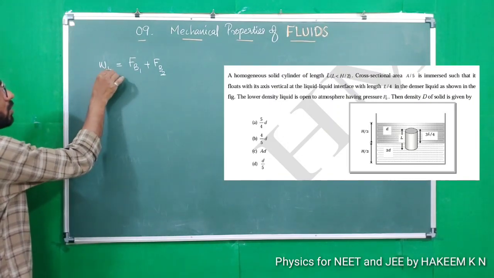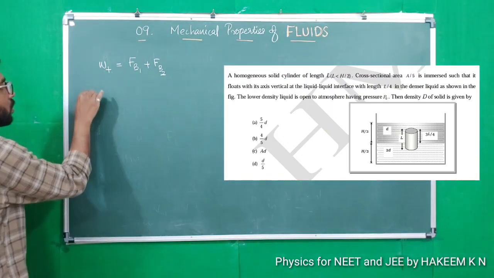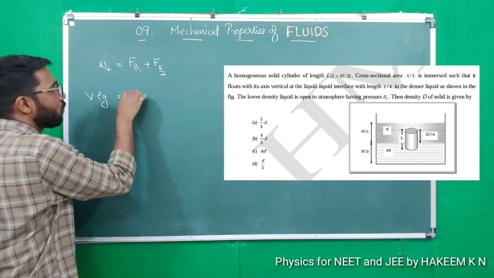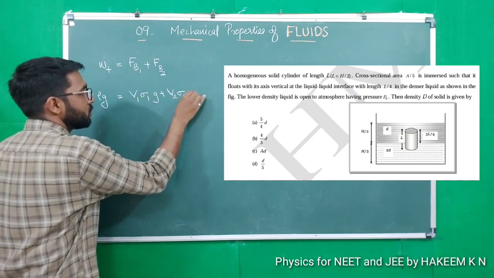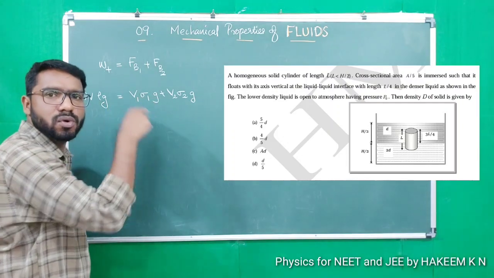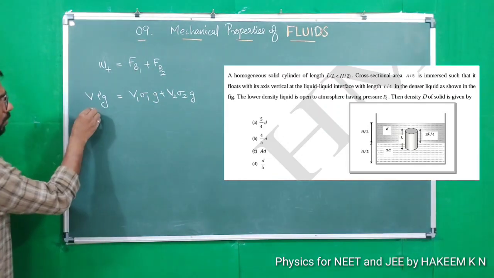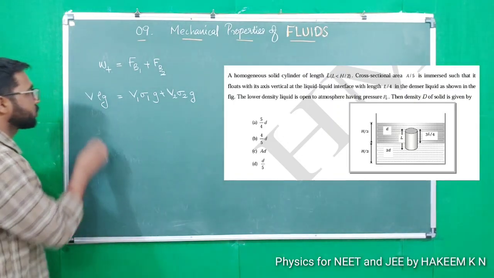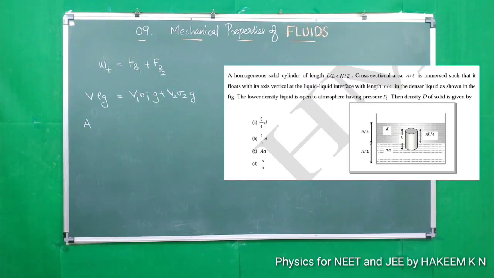So weight we can write as mass into g, mg. For mg we can write V rho g. So V rho g equals V1 sigma 1 g plus V2 sigma 2 g. Here V1, V2 represent the volume of the solid part inside liquids 1 and 2. For volume V we can write area into height. For the body, area is taken as A by 5.